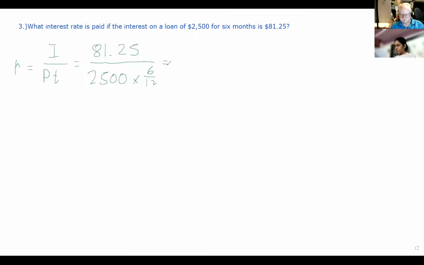And then times 81.25. And my calculator is set to 2 decimals, but let's set it to more decimals than that. Let's go second, format 9, enter, clear, recall.